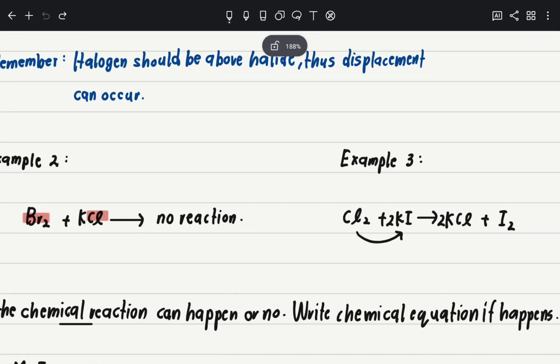I tell you again, you must tell me the observation. Observation is very important. So chlorine, what color? Chlorine is greenish yellow. So its partner is this Cl-. Okay, so it changes to colorless. Then colorless changes to iodine's color, what is it? You find out yourself and comment for me.